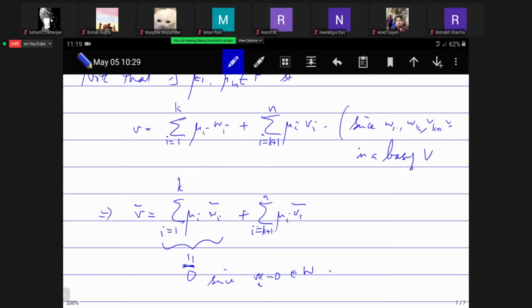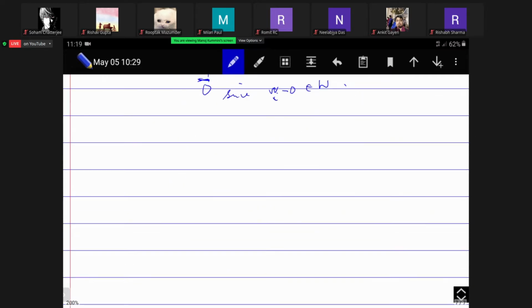Okay. So now we check that they are linearly independent. Suppose that there is a relation among them.